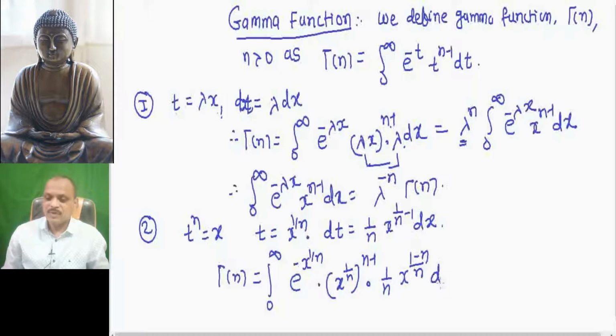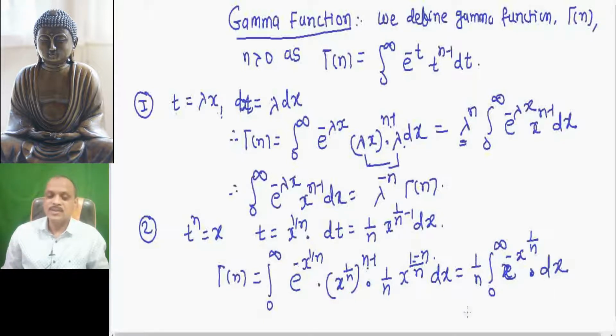This equals 1 divided by n, a constant, times the integration from 0 to infinity of e raised to minus x raised to 1 by n, and here you can see that x raised to n minus 1 and x raised to 1 minus n cancel, and we have x raised to 0. X raised to 0 is 1, so we have simply dx.